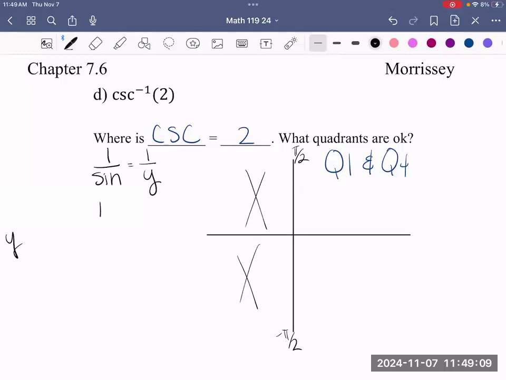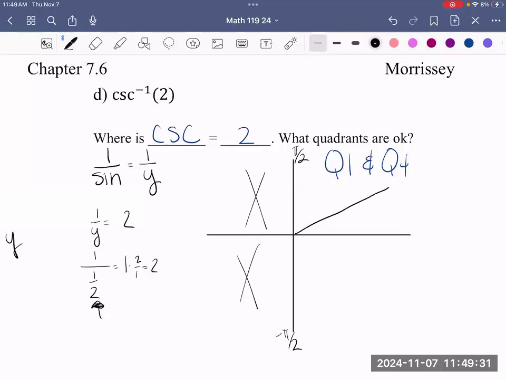If we know that this is 1 over y and this now needs to be a 2, we're really looking for how that 2 comes up. That 2 comes up if y is 1/2. You can keep, change, flip: 2 over 1 is now 2. So we're looking for where sine is equal to 1/2.